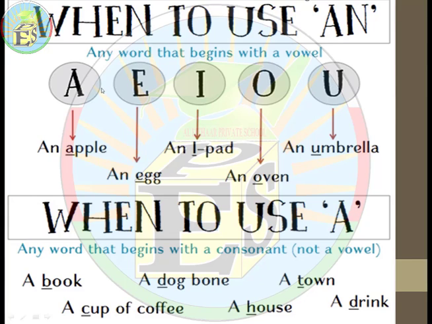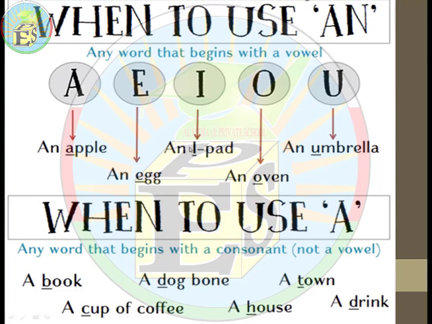So we have A, like an apple. So the noun apple starts with A, so the article is an. Moving to the other one, which is E, an egg. The article of this noun is an because it starts with an E, and E is a vowel.